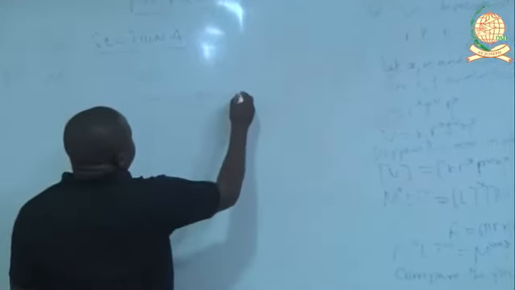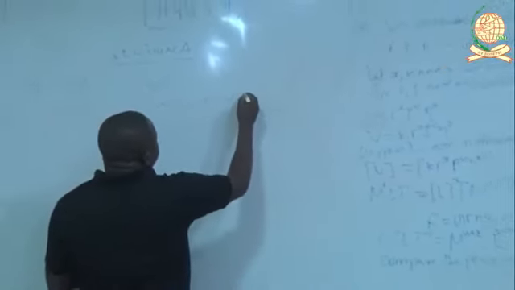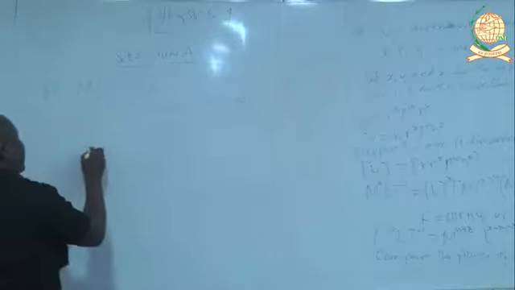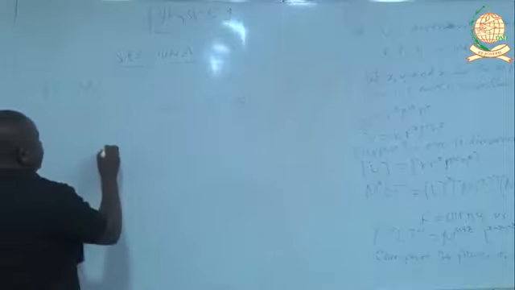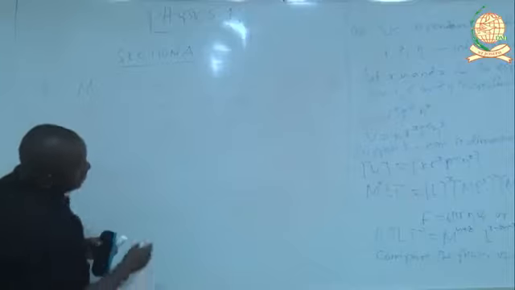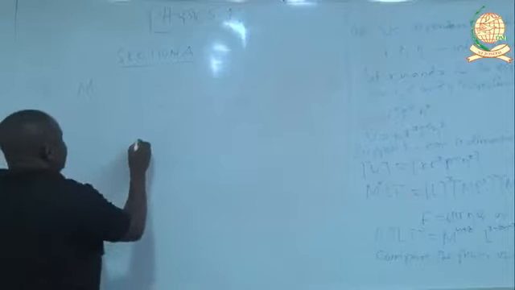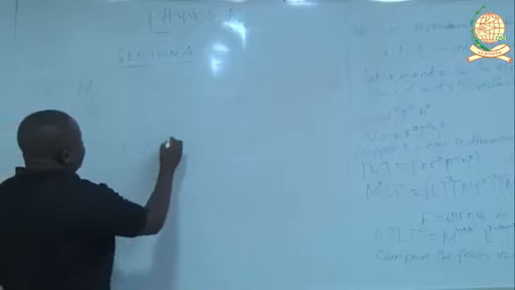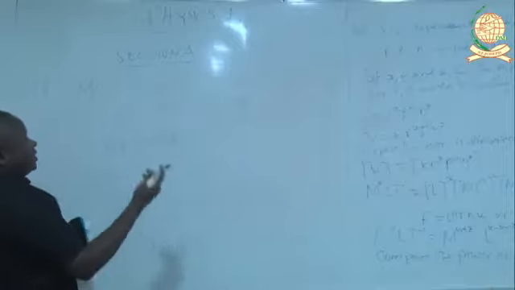This is the second equation. For time, the left hand side is negative 1 and the right hand side is negative z. That is the third equation.